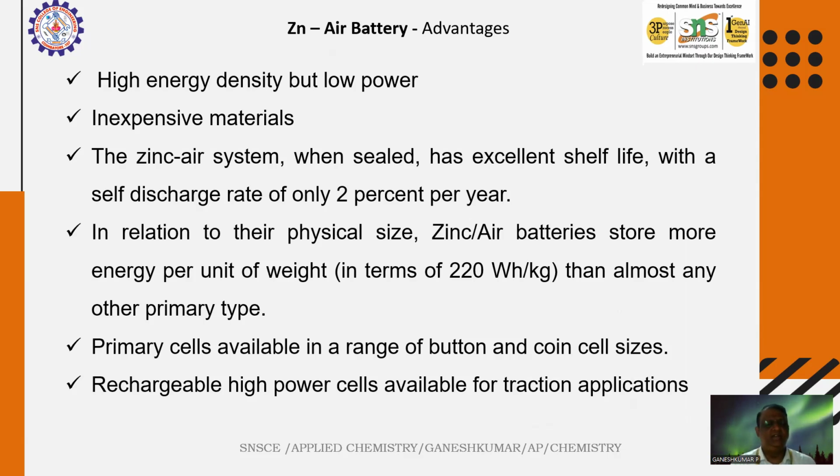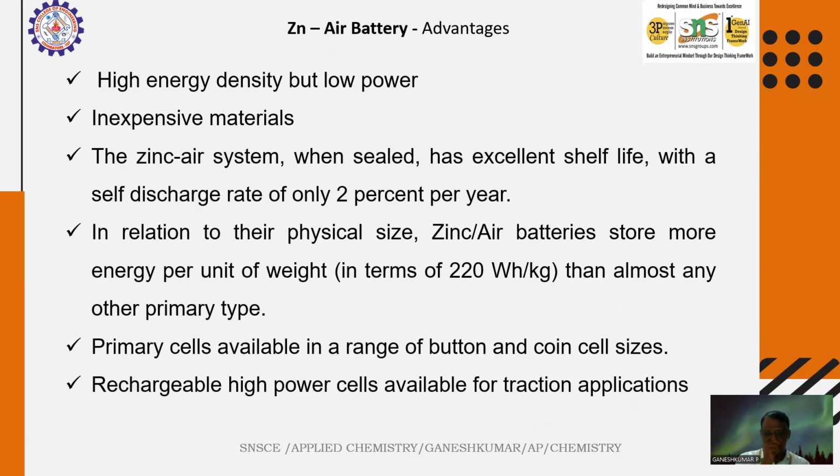The advantages of these batteries are a high energy density, but power is somewhat low. They are inexpensive because they use atmospheric oxygen. The system, when sealed, has an excellent lifetime, with a very, very low self-discharge rate.